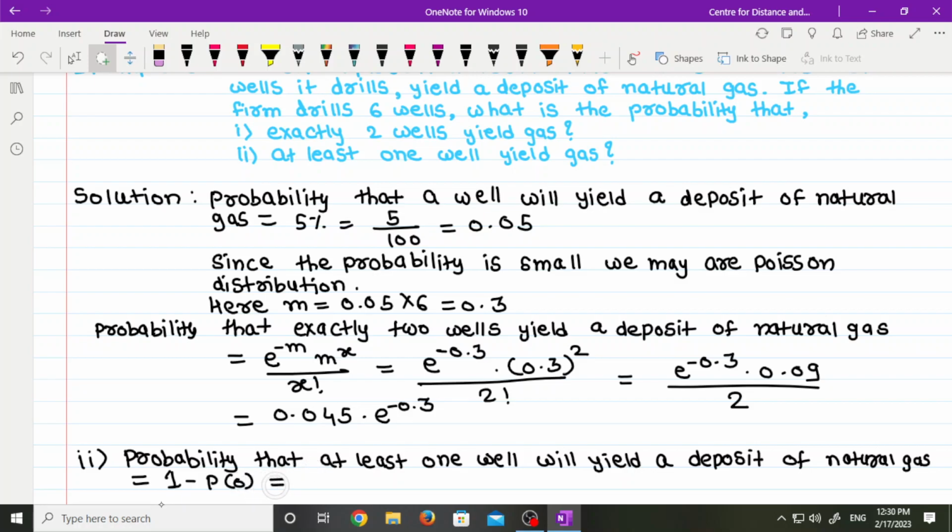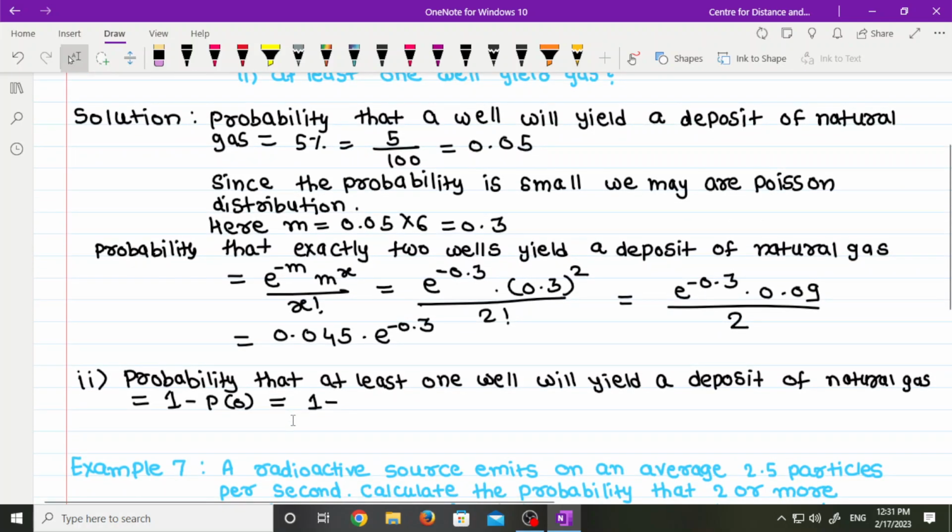So, 1 minus e raised to minus 0.3 into 0.3 raised to 0 divided by 0 factorial.